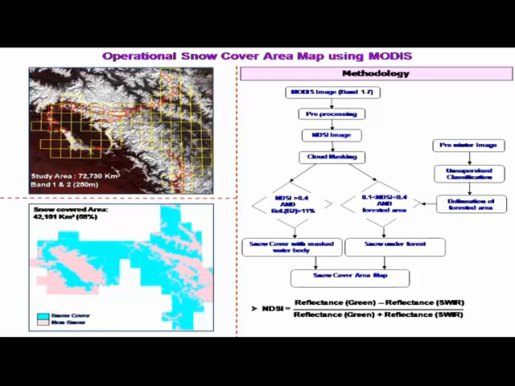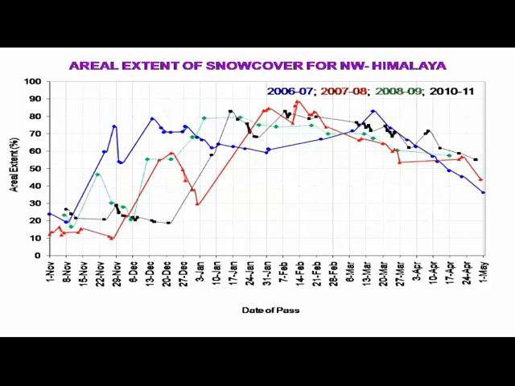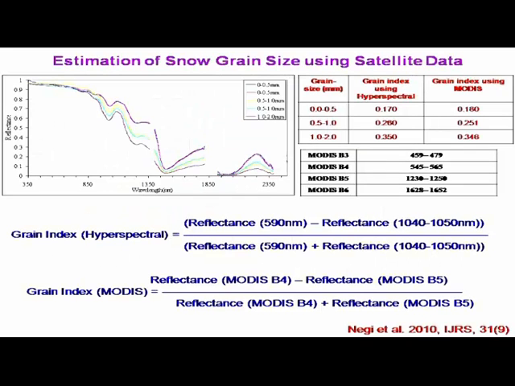This algorithm also takes care of snow under vegetation. Finally we generated this type of snow cover maps, and this is the aerial extent of different winters in the Himalaya. This type of aerial extent plot or the depletion curves are very useful in snow melt runoff modeling.